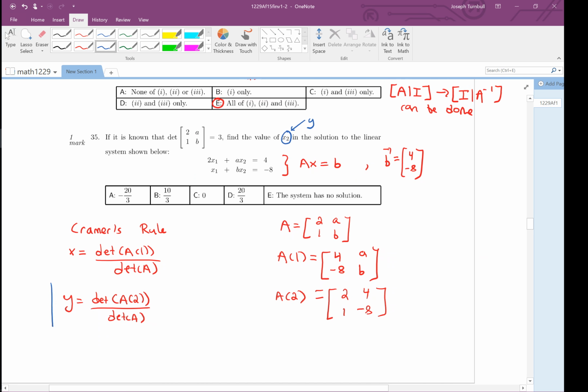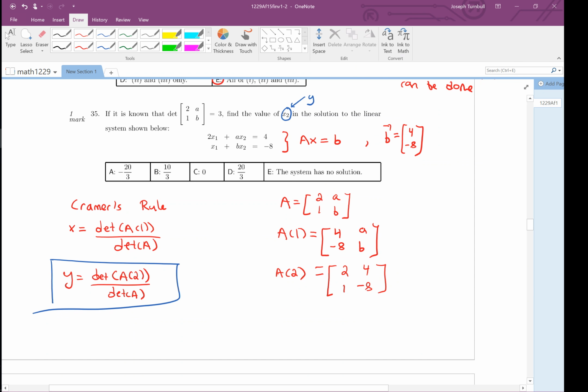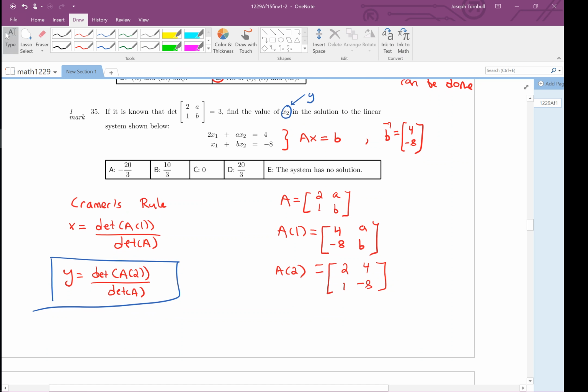So we're tasked with calculating this quantity, determinant of replacement matrix A2 divided by the determinant of A. We're told that the determinant of A is 3. Oh, sorry, 3 goes down below. The denominator is 3. So that's the determinant of A downstairs. Now we need the determinant of A2, our replacement matrix A2.